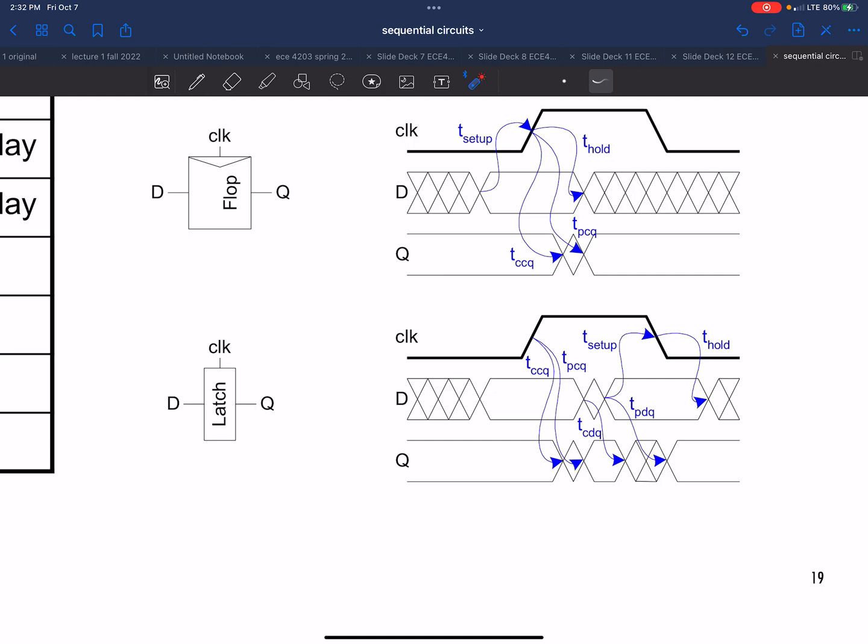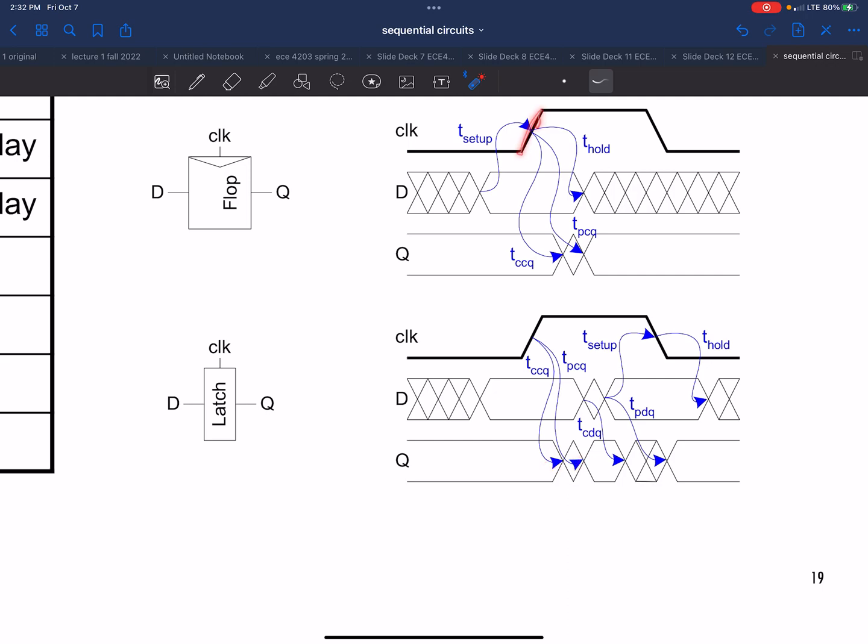You end up with some extra timing in the latch. The first thing is the same as the flip-flop. There's a certain amount of time between when the clock goes high and the output shows up at your output. So this is the clock-to-Q delay, for min and max. That's the same as the flip-flop.